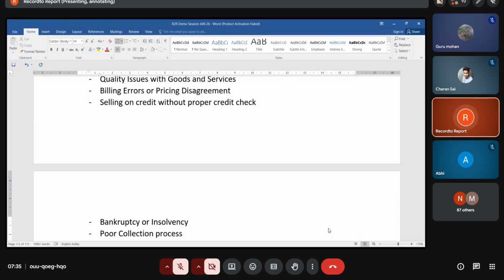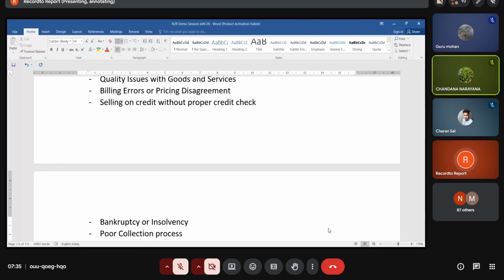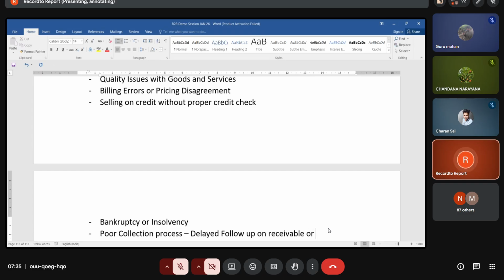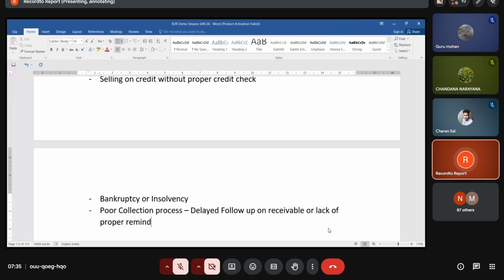Yes, I will receive. But the company has a poor collection process due to delayed follow-ups. We need to receive the money, we need to follow up with the customer, but delayed follow-ups on receivables is also one of the cases, or lack of a proper reminder system.